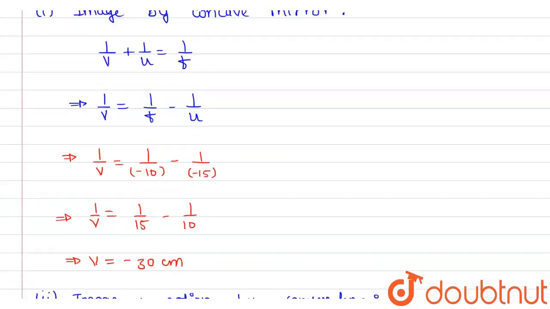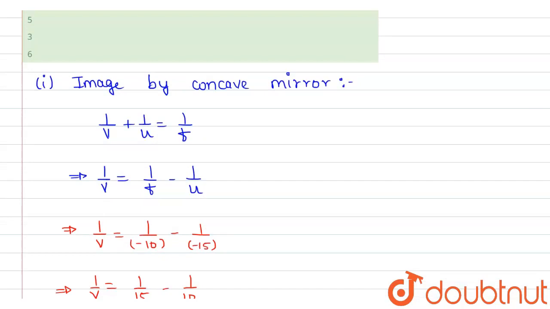And now we find the magnification for both parts. The magnification for the mirror will be m1, which is minus v by u. Our v is minus 30 and u is minus 15, so it will be minus 2. This is our m1.